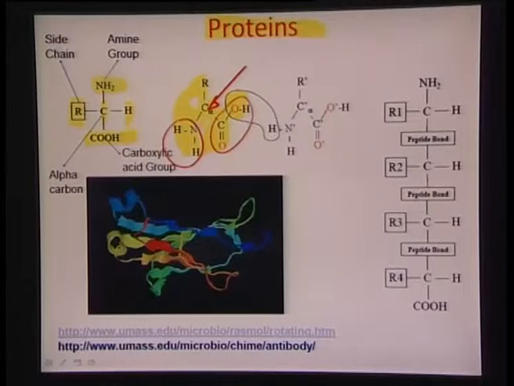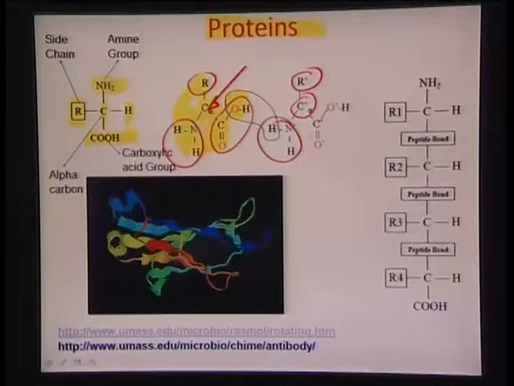Essentially, COOH is the carboxylic group on the acid, and the other amino acid here also has another group, let us say R dash, on the side chain. Here it is R, and this alpha carbon is connected to an NH2 and also a COOH. So, there is a bond between the OH on the COOH and the NH2 here, thus producing a water molecule, and you have what you call a peptide bond.